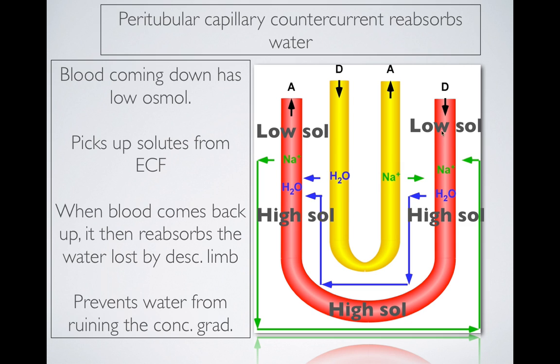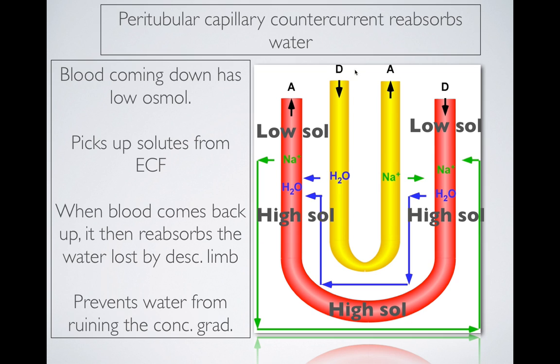So again, the idea, if we look at this image right here, is that as relatively low solute concentration blood comes in down next to the ascending limb, it picks up salt that was lost by the ascending limb, and as a result, the osmolarity of the blood gets higher, gets really high when it dips down at the bottom, and as it comes back up, that allows it to reabsorb the water lost by the descending limb.